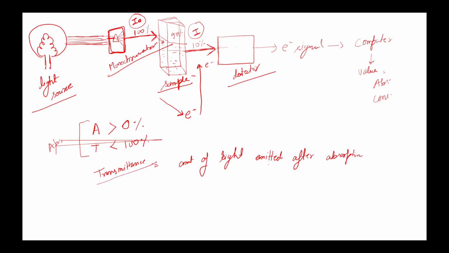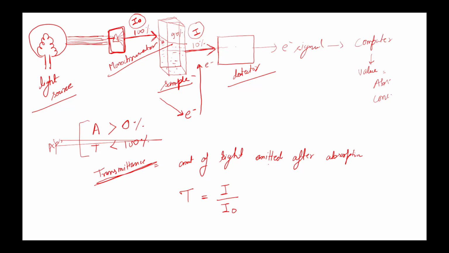So that is our transmittance, the amount of light emitted after the absorption. So for transmittance we can write, transmittance will be I upon I naught. Okay, from the total, how much light is transmitted.